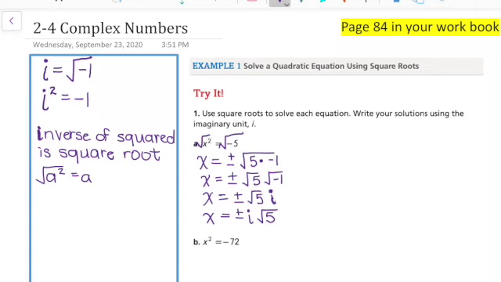Okay. So let me do a quick recap for those of you that are like, what just happened? The short version of that is anytime you see a negative under the square root, you need to bring it to the front as i. So that is equal to i square root of 5.